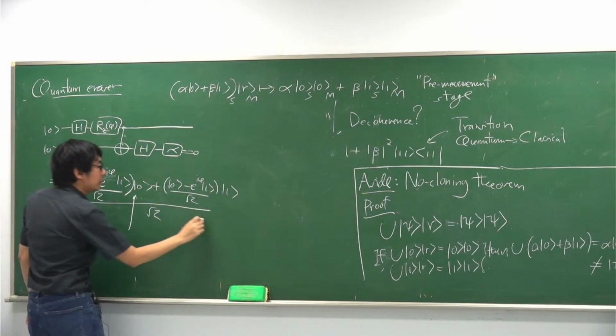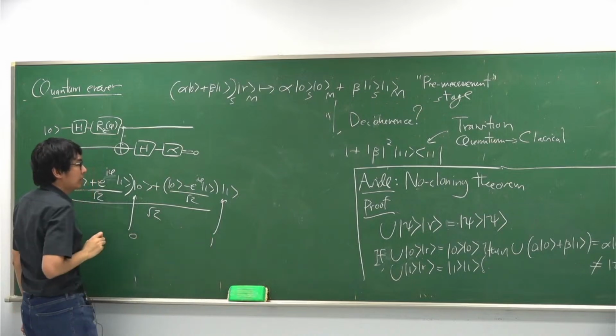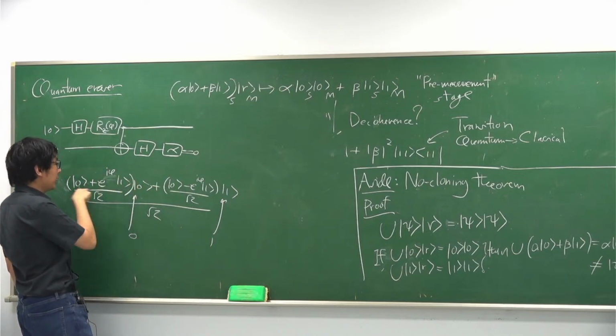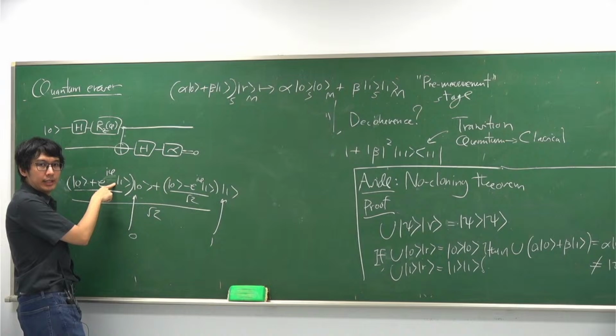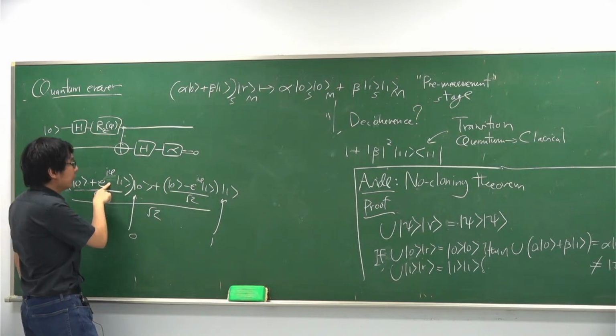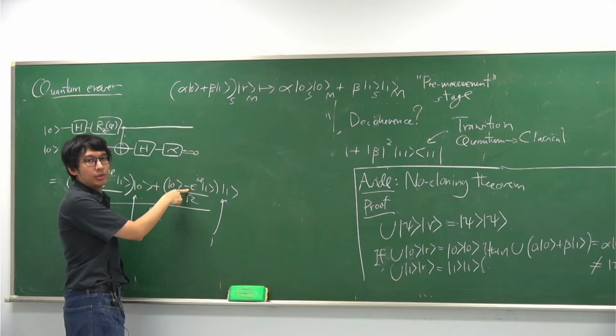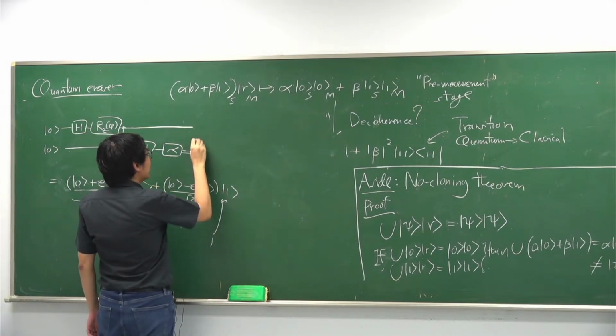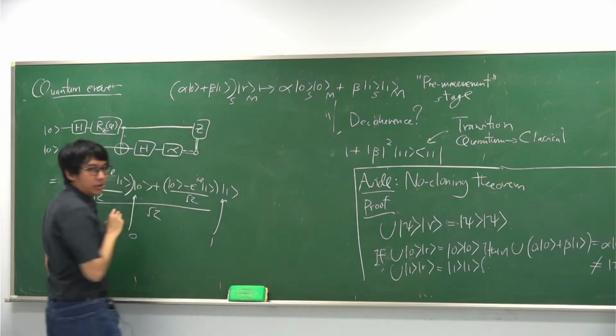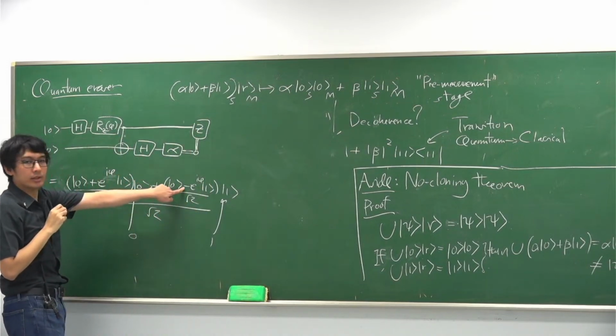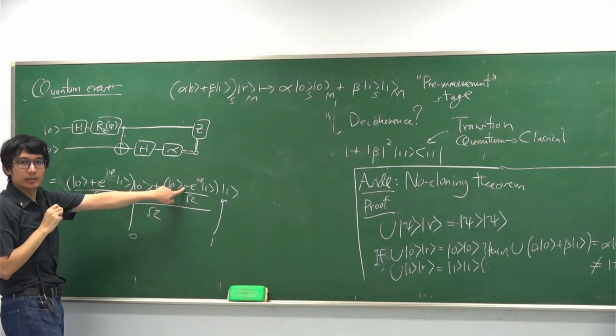Whether it's this term or this term. When I get 0, I do nothing. I already have the original state that has the relative phase of phi. But if I want this state to also have the relative phase of phi, then I apply controlled Z to get rid of this minus sign.